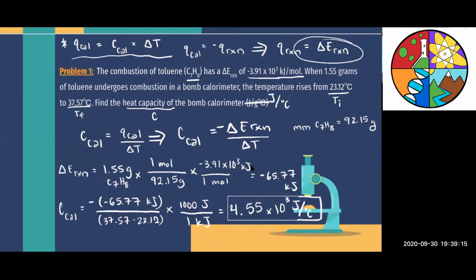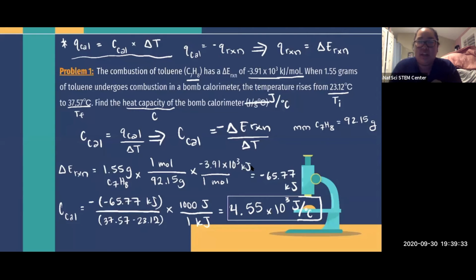And Q reaction equals delta E reaction. We just go back, is that correct? That's basically what we did. If I'm saying that Q reaction is equal to the delta E reaction, then you can interchange them and replace them for each other to give you that one whole formula to use.